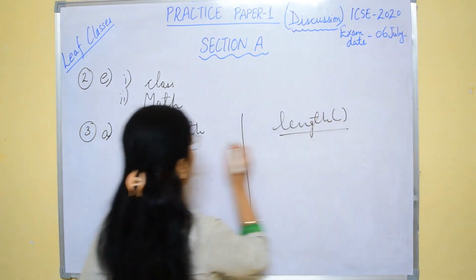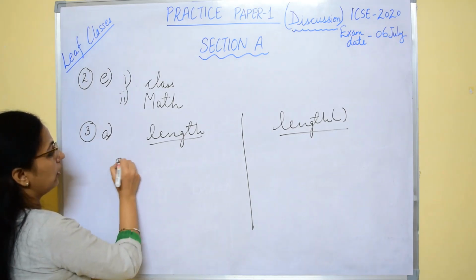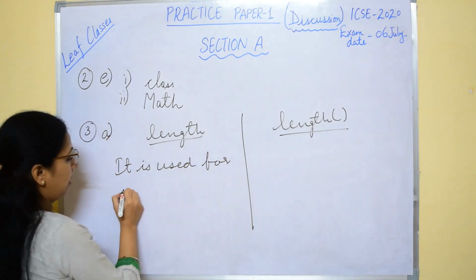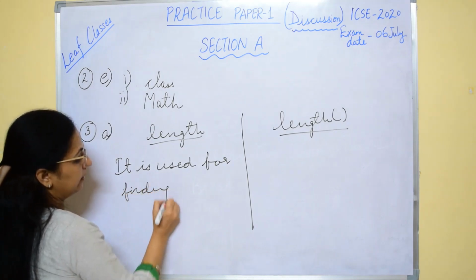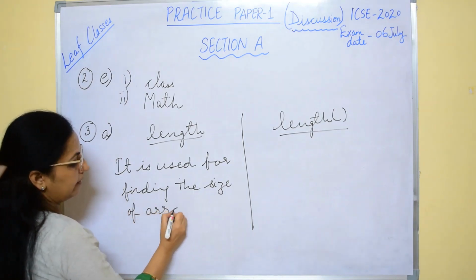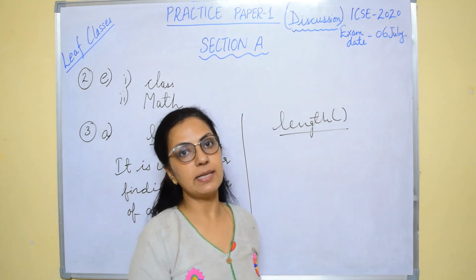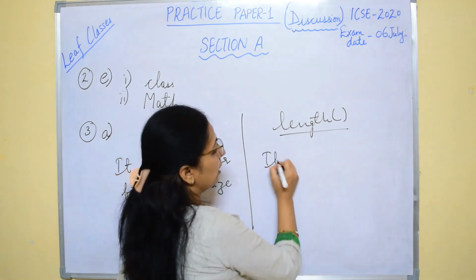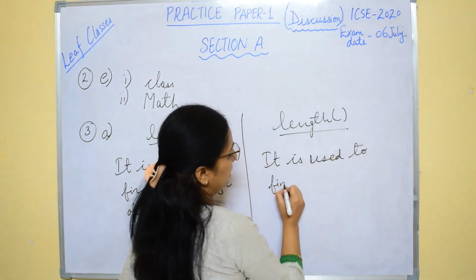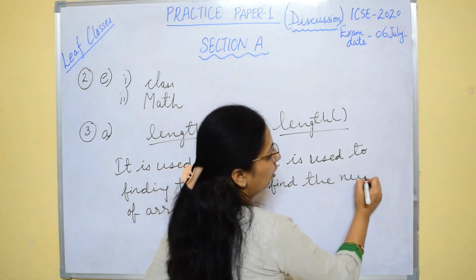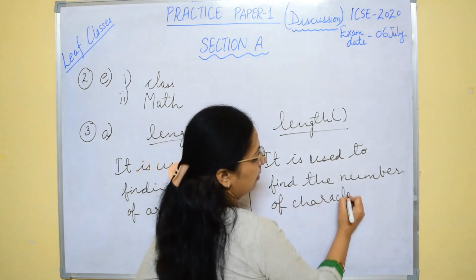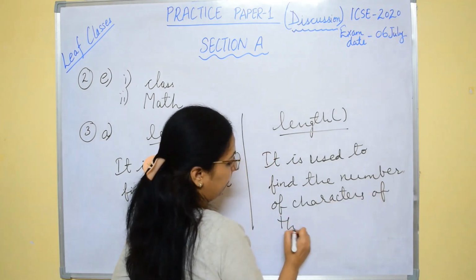Now this length is used for finding the size of the array, that means how many array elements are present, and this length() function is used to find the number of characters of the given string.